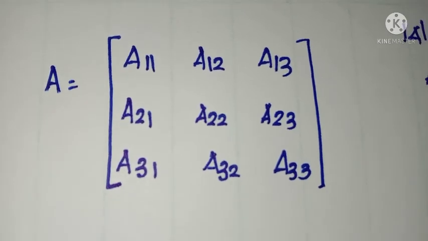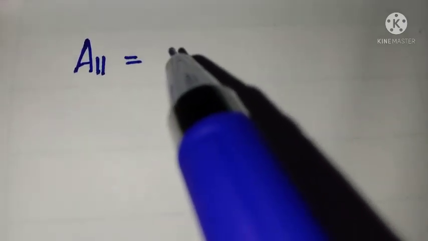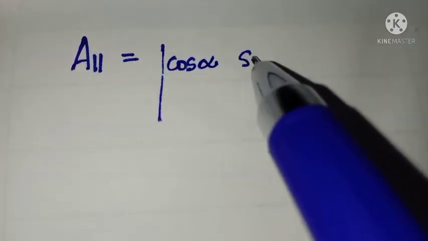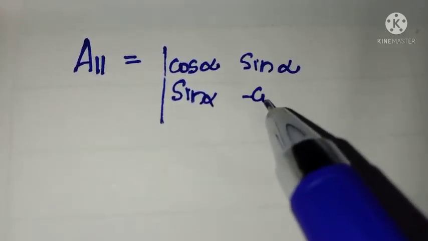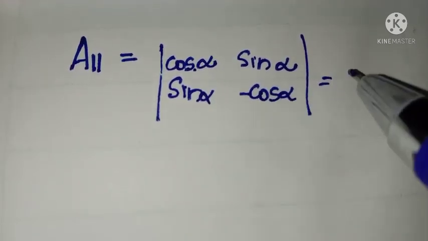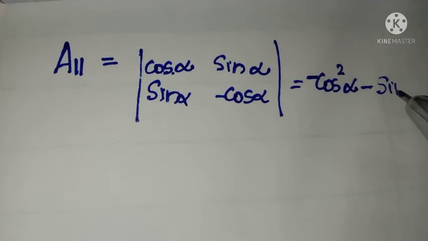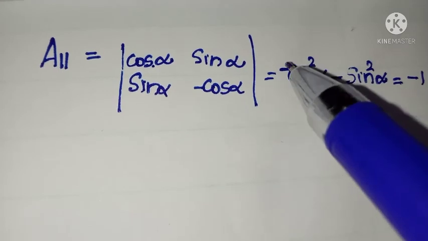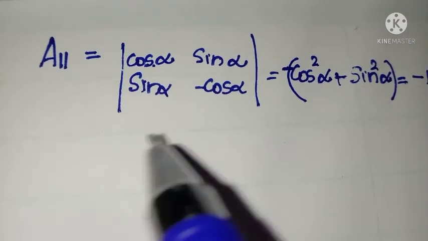Let's see what the entries are. A11: deleting the first row and first column, we have the remaining entries cos alpha, sin alpha, sin alpha, -cos alpha. This gives cos alpha into -cos alpha, -cos square alpha, minus sin alpha into sin alpha, sin square alpha, which gives -1, because minus of cos square alpha plus sin square alpha is -1.